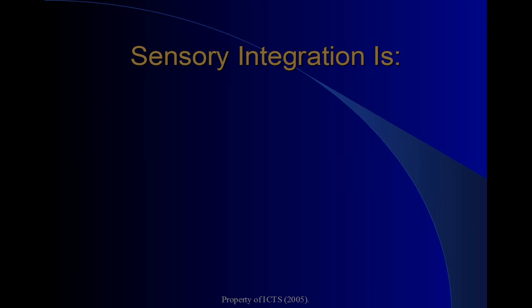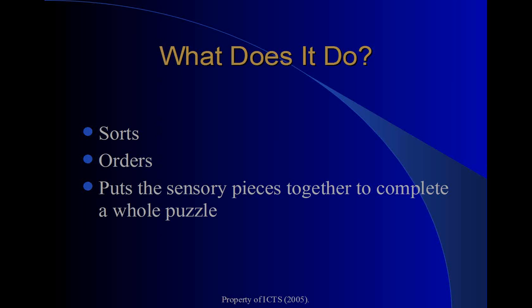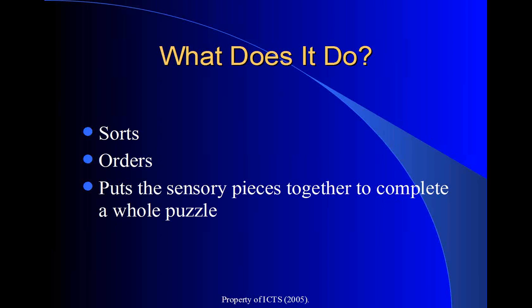It's sorting the information, it's putting it in a correct order in order for you to put all of the pieces of your environment together to complete an entire puzzle. So when the butterfly comes to flutter in your face, you see the butterfly. You automatically respond to it by lifting up your hand and flying it from your face. You might flick your eyes.